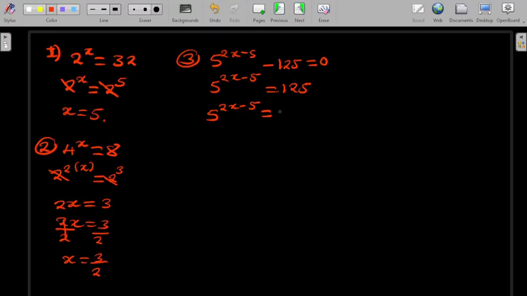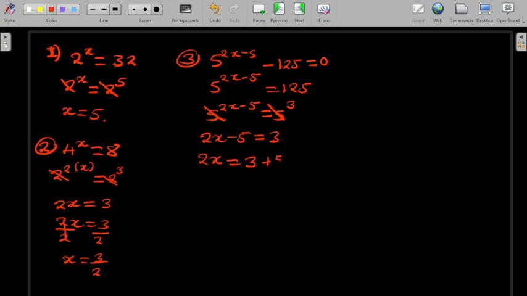125, which can be written as 5 to the power 3, like I said. Now, since the bases are the same and we have an equal sign, we cancel the bases and set the powers. So we have 2x minus 5 equal to 3. Now, when negative 5 crosses the equal sign, it becomes what?